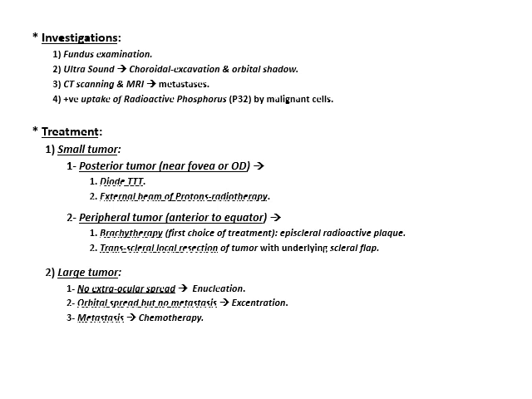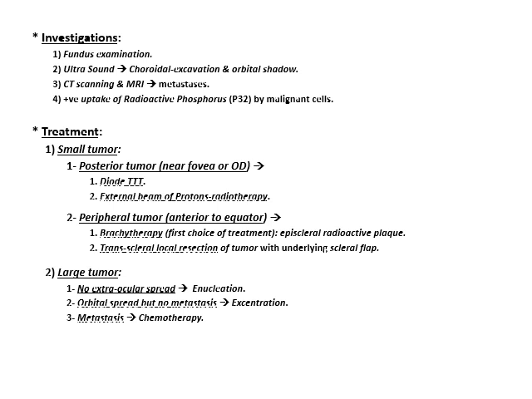If it is a small tumor located posteriorly near the fovea or optic disc, treatment is diode transpupillary thermotherapy or external beam proton radiotherapy. If the tumor is small and peripheral, meaning anterior to the equator, in the anterior part of the eye, treatment is brachytherapy or transscleral local resection of the tumor with an underlying scleral flap.